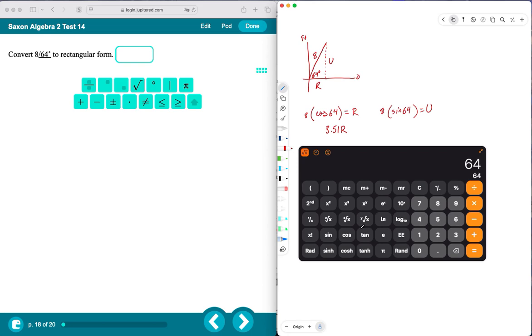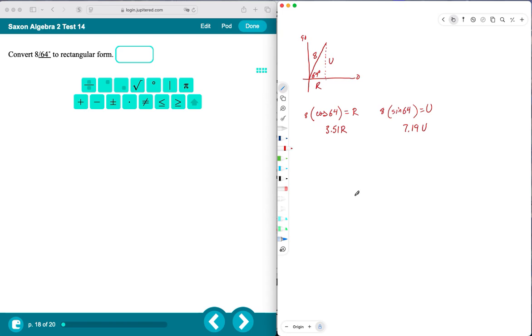And 64 sine times 8, 7.19 is the second term. This is the length of r. This is the length of u. We just add them together. 3.51 r plus 7.19 u is your rectangular form. And that's it. Very little math. It's all about understanding where it's located to determine whether it's positive or negative.